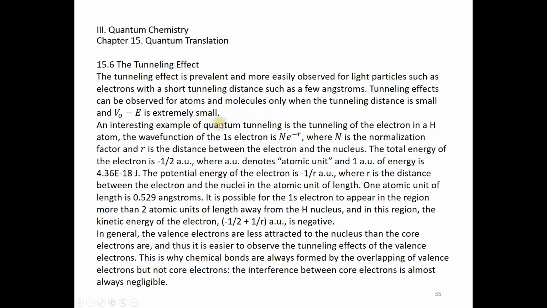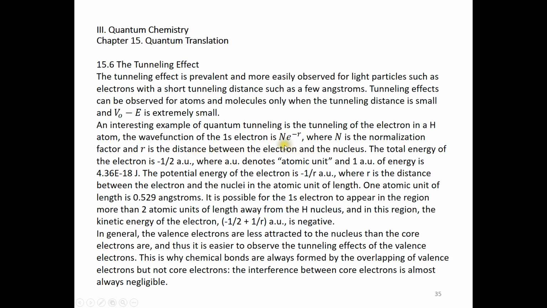An interesting example of quantum tunneling is the tunneling of the electron in a simple hydrogen atom. The wave function of the 1s electron is N e to the power of -r. N is simply the normalization factor. R is the distance between the electron and the nucleus.